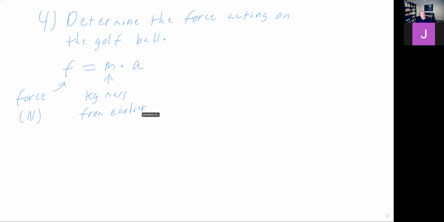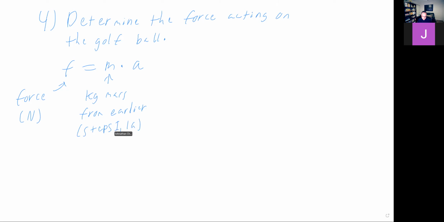So we determined this kilogram mass earlier basically in step 1, so steps 1 and 1A.